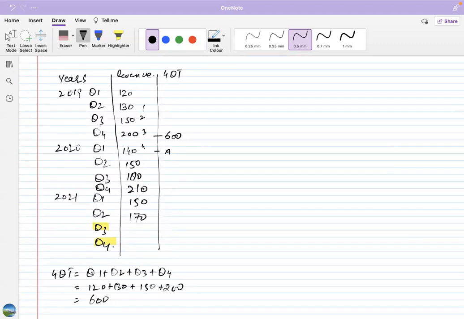The answer is 620. Similarly, we can calculate the next 4-quarter total. For example, if the value B is required from us, we will total 150 plus 200 plus 140 plus 150. The answer is 640. Similarly, C, D, E, F can be asked from us to be calculated.